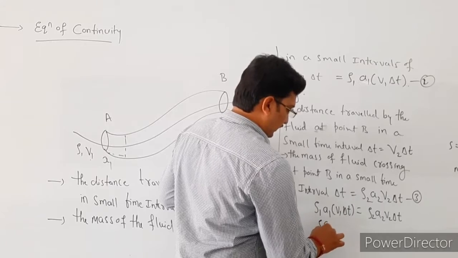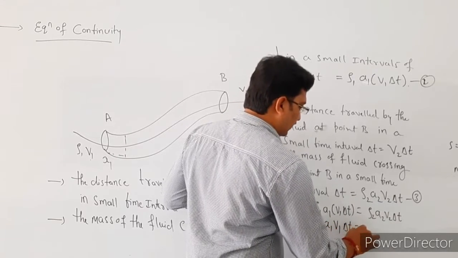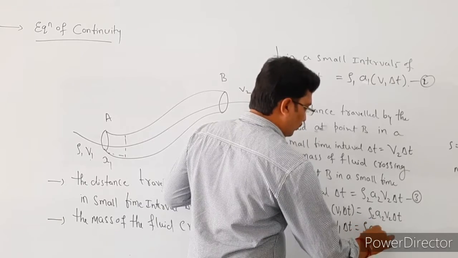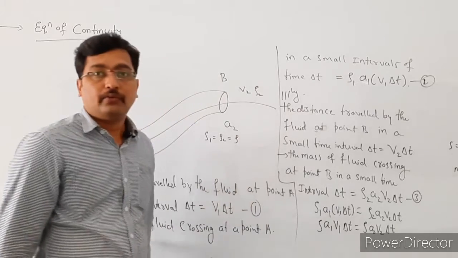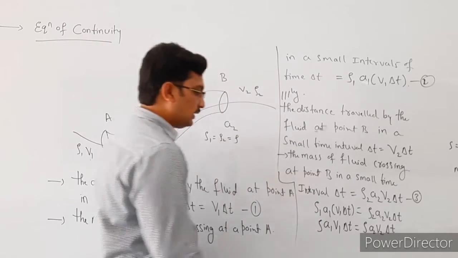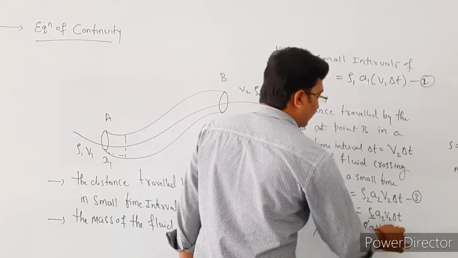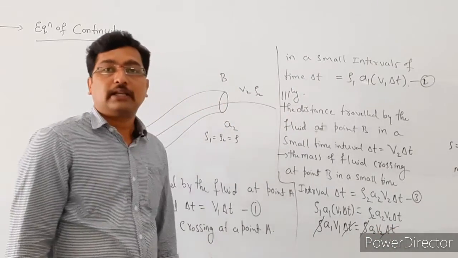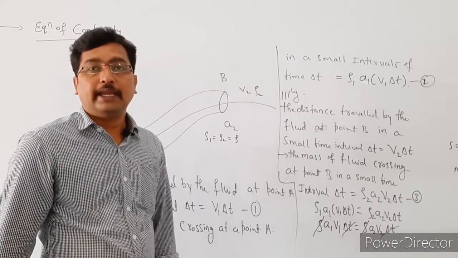So ρ A1 V1 del t is equal to ρ A2 V2 del t. The density cancels on both sides, del t cancels on both sides. What is the remaining equation here? That is A1 V1 is equal to A2 V2.